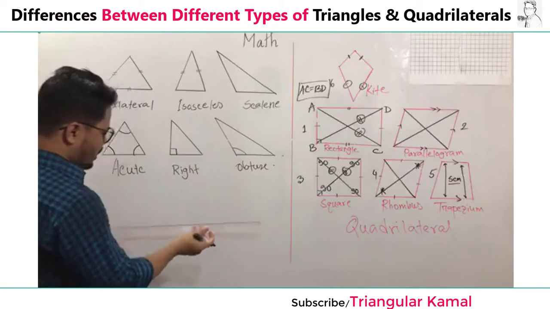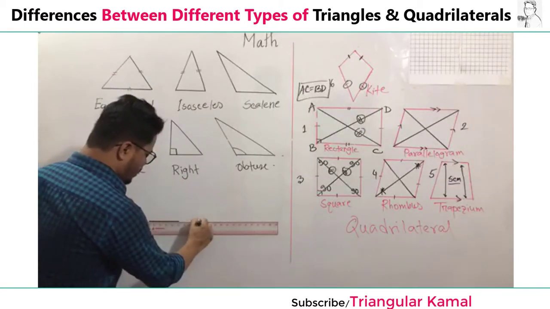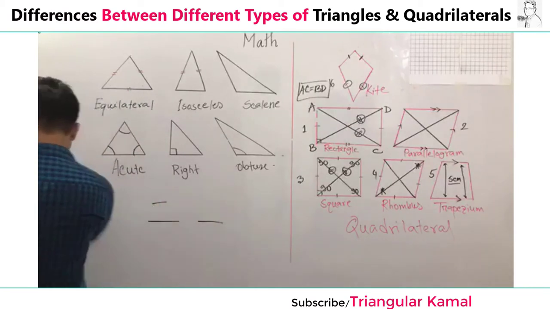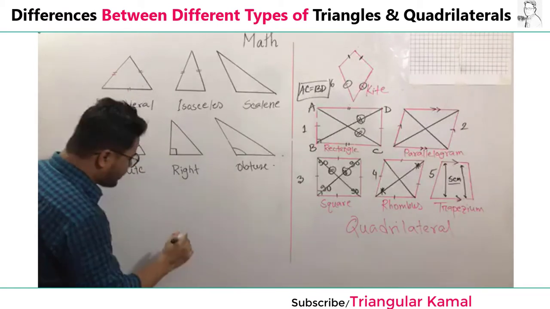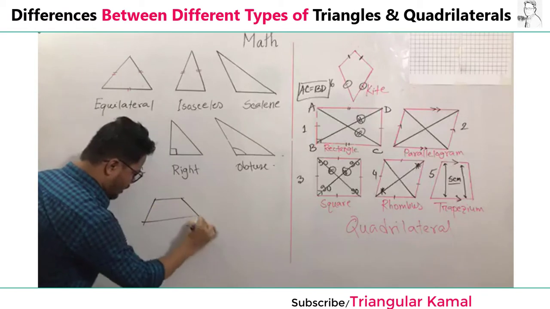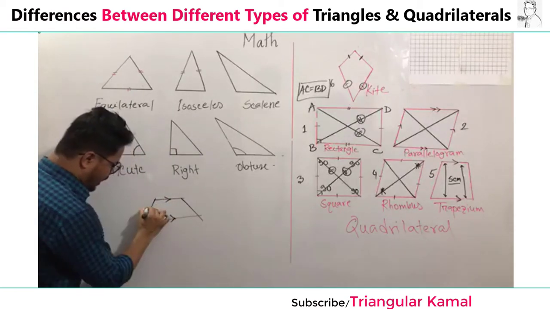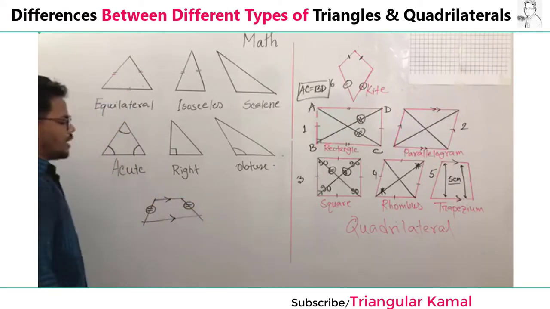Now another concept, the trapezium, like this one. What is the regular trapezium and irregular trapezium? Like they are parallel, and when these two sides are equal, this one will be regular.